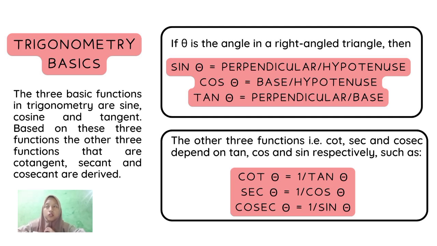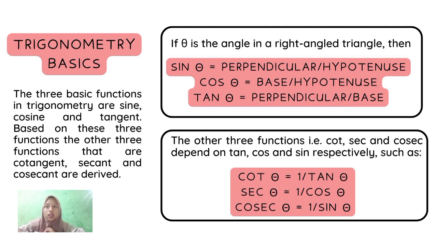Based on these three functions, the other three functions, that are cotangent, secant, and cosecant, are derived. All the trigonometric concepts are based on these functions. Hence, to understand trigonometry further, we need to learn these functions and their respective formulas first.